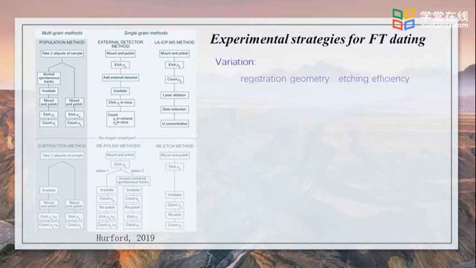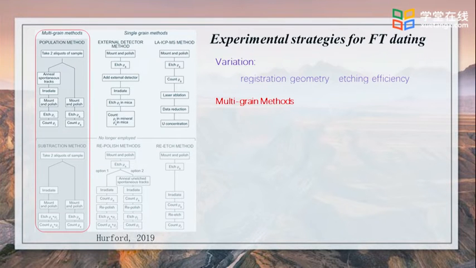Variation between strategies derives essentially from differences in registration geometry and etching efficiency of the surfaces on which the tracks are counted. Two distinct groups of procedures can be distinguished, the multi-grain methods and the single-grain methods, which are shown in the left figure.